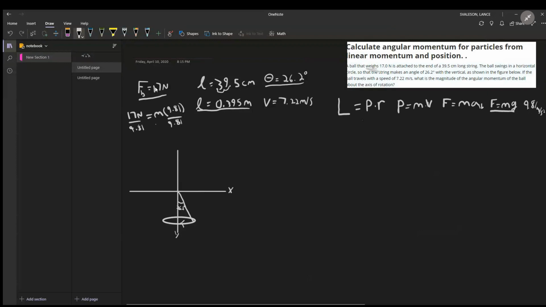That should be very close to 1.7, if I can do my mental math right. But I'll just use my phone to calculate it real quick. 17 divided by 9.81, and yeah, it's like 1.73. So let's use that.